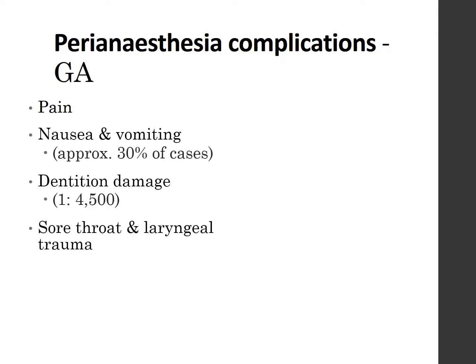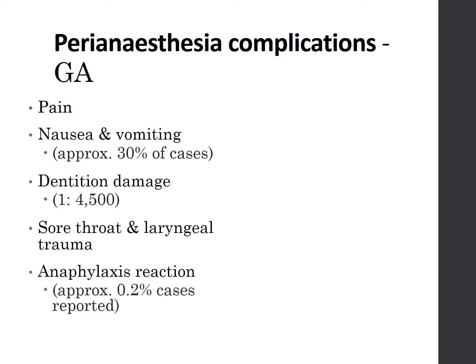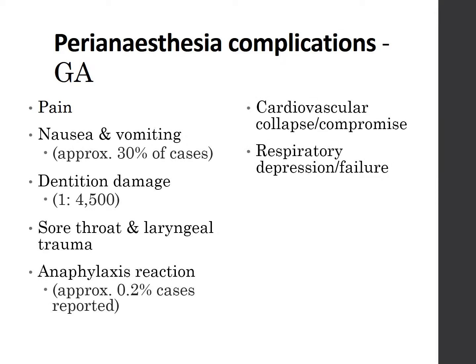Having a sore throat and laryngeal trauma could be a common and a transient complication that we could see the patients presenting with. Anaphylaxis being a small risk, however, it could have potentially severe and very significant outcomes for patients and staff.